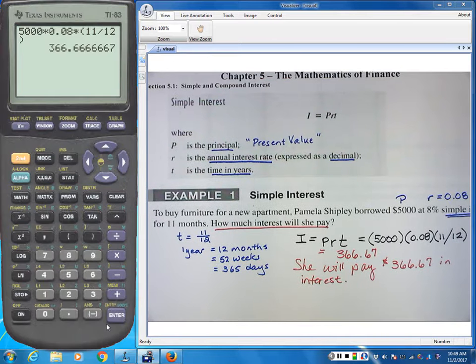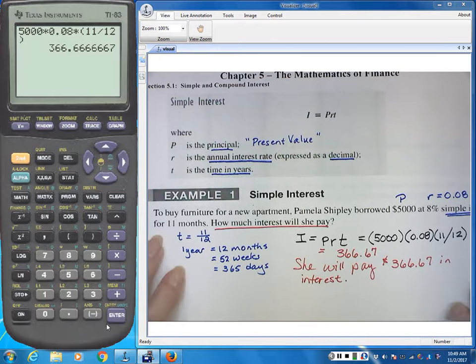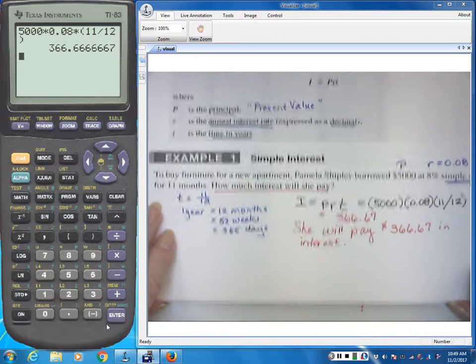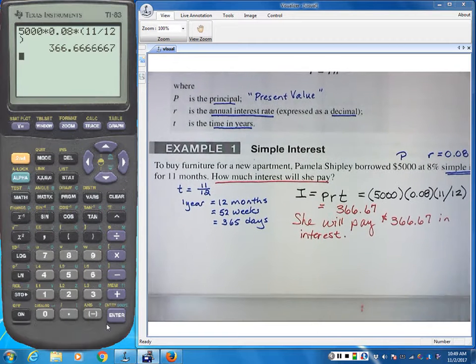So she will pay $366.67 in interest. Now, some other questions that we might ask or might answer based on that.